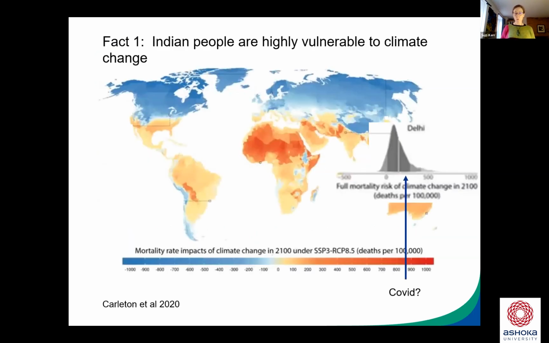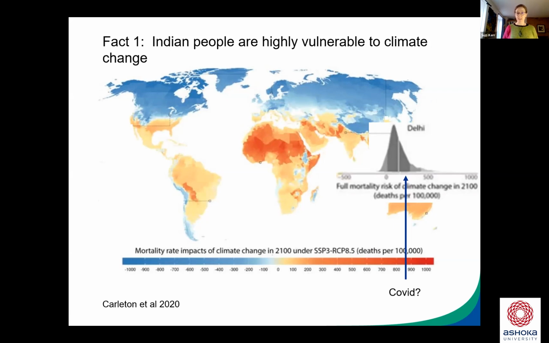So as you all know, first fact, Indian people are highly vulnerable to climate change. This is some work from Carleton et al. in 2020 showing potential mortality impacts from climate change.